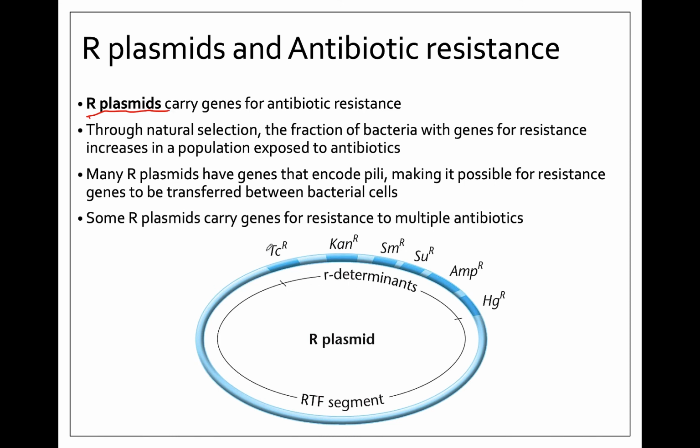So here you can see down here are the genes that cause resistance to antibiotics, so kanamycin, ampicillin, those are common antibiotics used. And then this RTF fragment is the F factor that's going to allow for this plasmid to be transmitted to other cells.